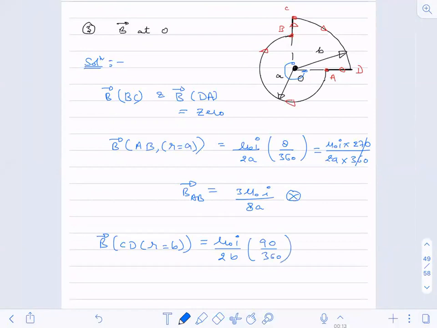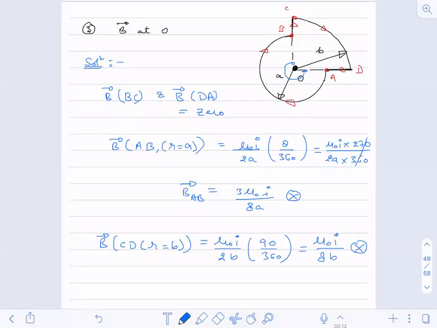So this becomes mu naught I by 8B. Will this be into the plane or outward to the plane? This will also be into the plane.